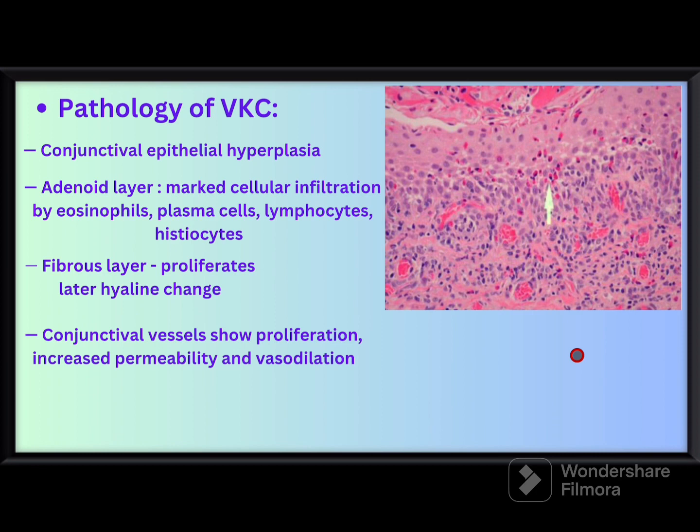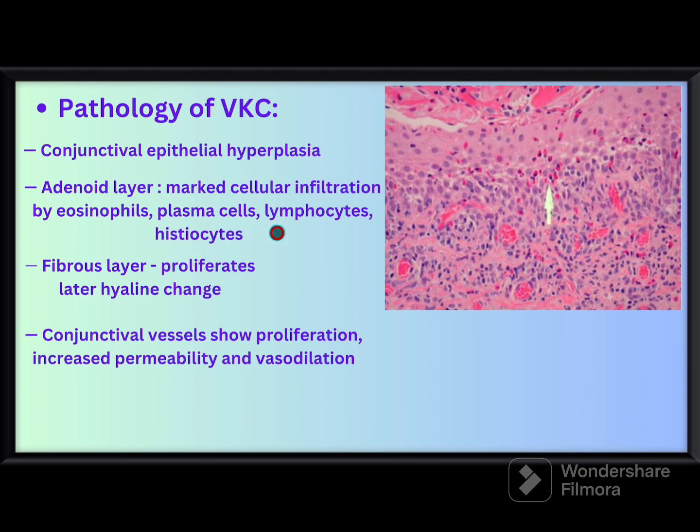Now, what is the pathology of VKC? This is really important. You already know that the conjunctiva consists of 3 layers. The histological layers are, the first is the epithelium, then you have the adenoid layer and then you have the fibrous layer, right? So what changes do you see in the epithelium of the conjunctiva? The conjunctival epithelium will undergo hyperplasia and will send downward projections into the subepithelial tissue, right?